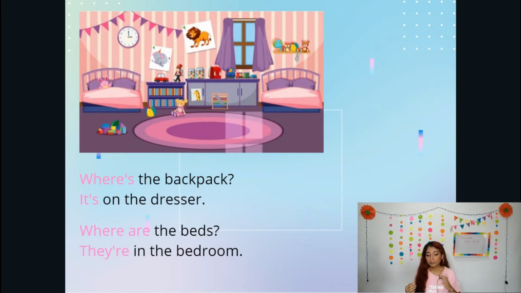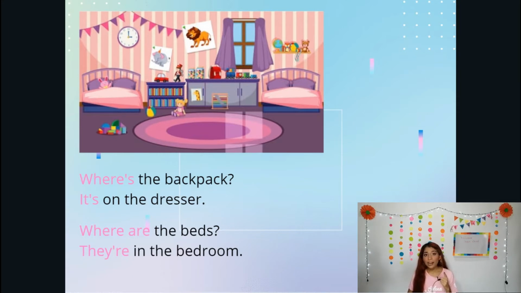So now, how do we ask about an object? Like, for example, if I want to know where an object is, the location of an object. So we need to pay attention if the object or the objects in this case is singular or plural.